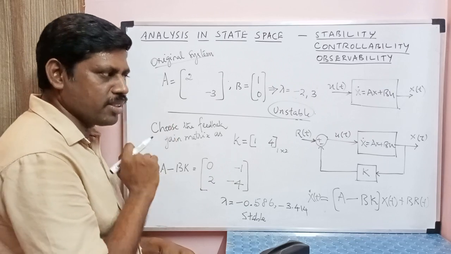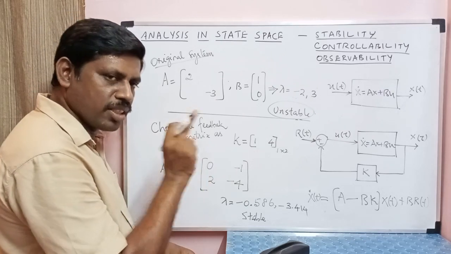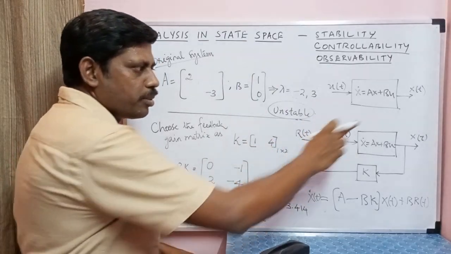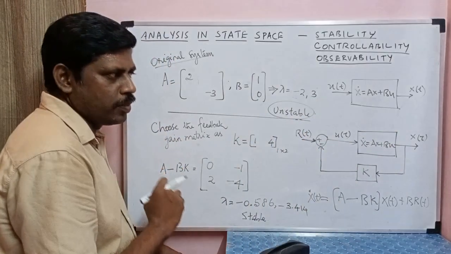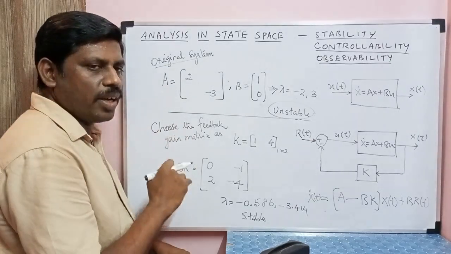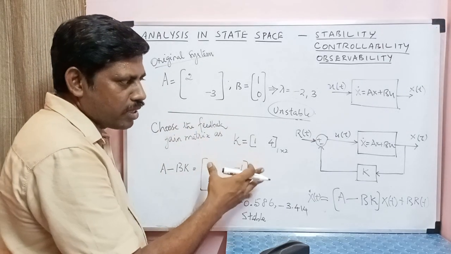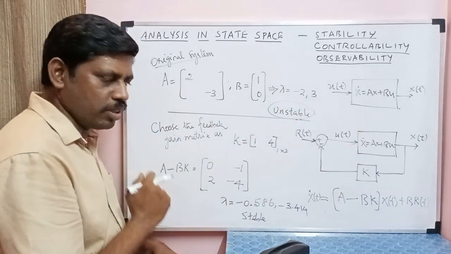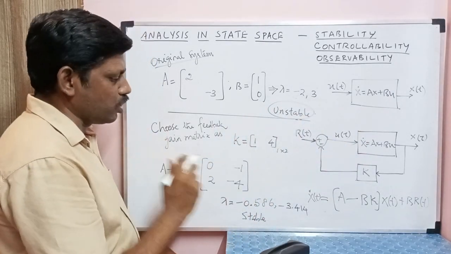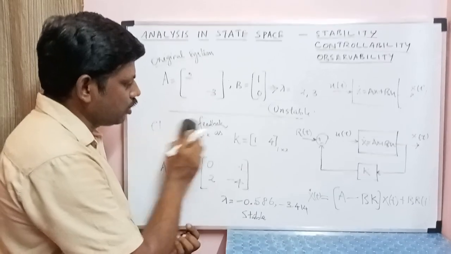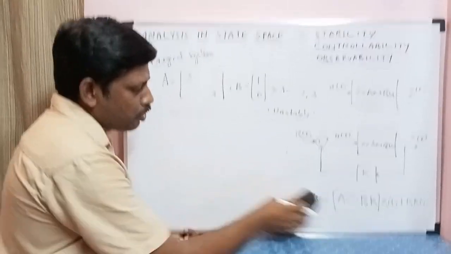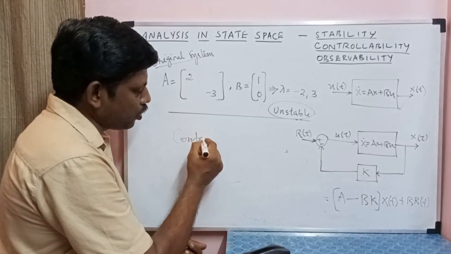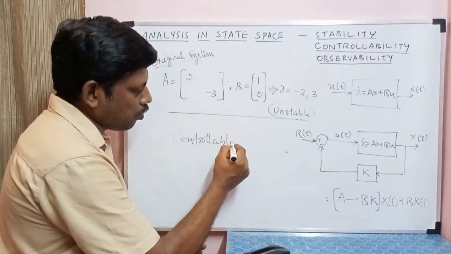If I cannot design a state feedback controller for the system, then it means that I will not have any control over the state variables. So if I can design a state feedback controller so that I can have control over the state variables, then that system is what we call a controllable system.